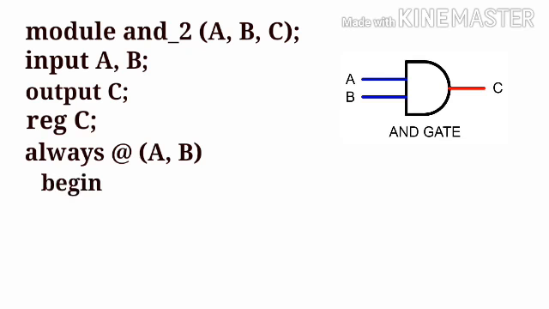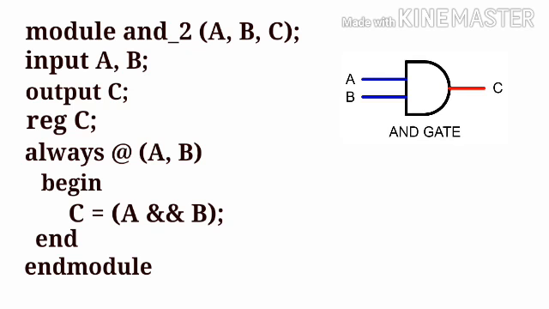The next statement is similar to data flow modeling where we define our output C. We use the keyword end to terminate the begin statement and we end the module. Here as you can see we have not used a semicolon for always, begin, end and endmodule.